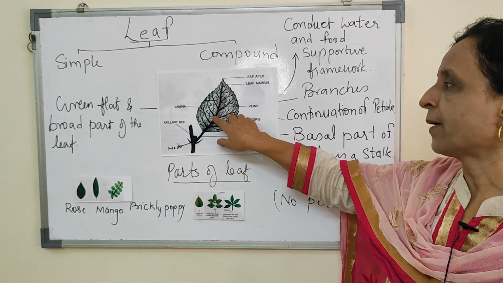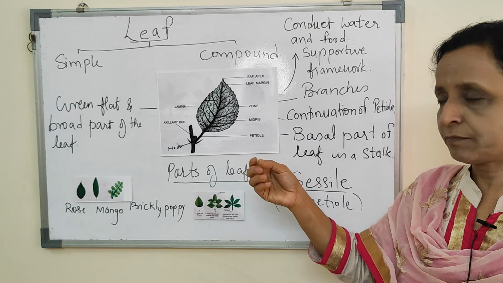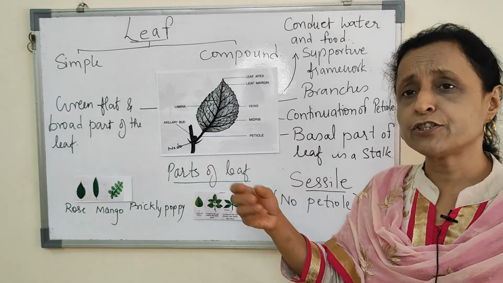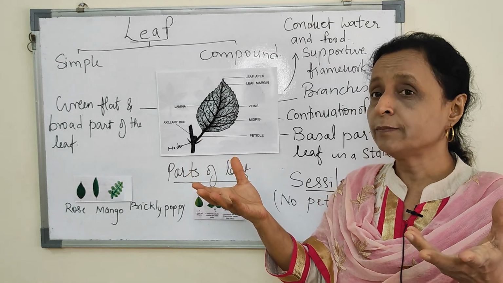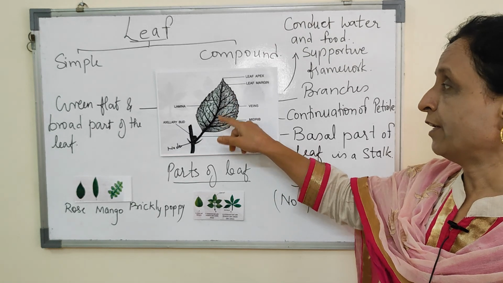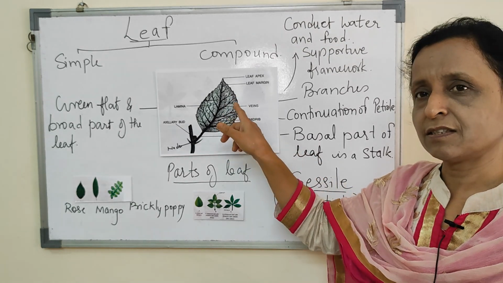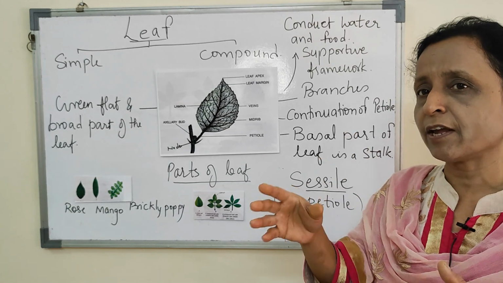And this midrib gives out veins. That is beneficial for the conduction of food and the conduction of water through this venation. The veins also form the skeleton of the leaf. They form the frame of the leaf.